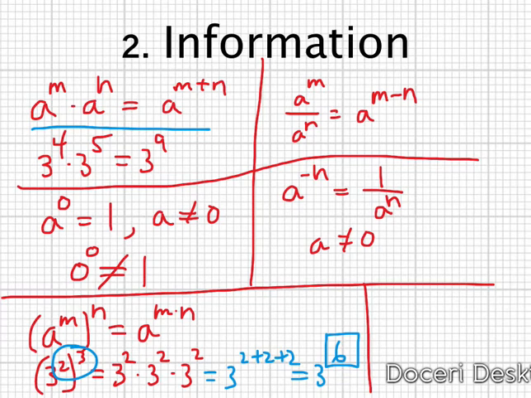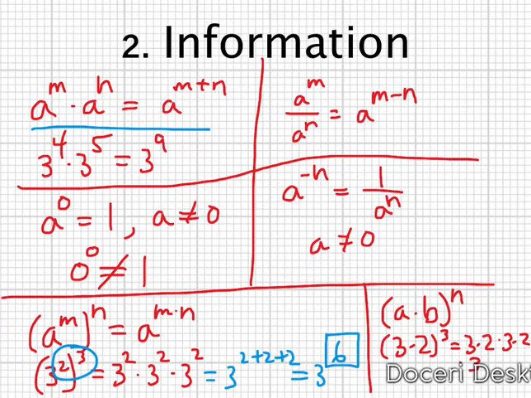And then the last property for this slide, and we'll move on to the next slide, is what happens if I have 2 things inside the parentheses multiplied together? Well, if I had 3 times 2 raised to the third power, this is the same as 3 times 2, times 3 times 2, times 3 times 2.